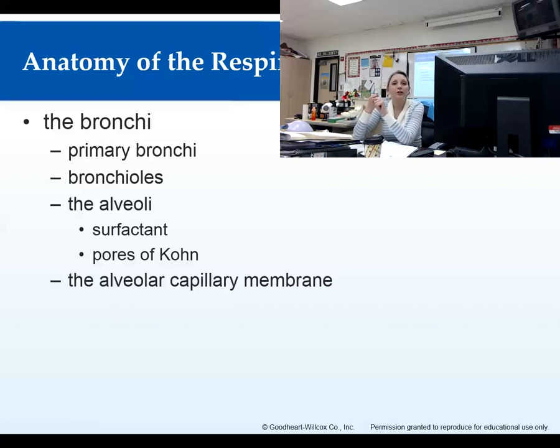One, there's a huge amount of surface area in your lungs. Okay, and that helps to increase gas exchange because that offers more space for things to cross over back and forth. They say that if you were to lay out all the alveoli in your lungs, flatten them out, even though they're only 1 cell thick, it would cover almost a whole tennis court. That's how much surface area you have in your lungs.